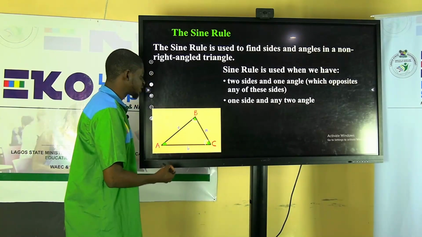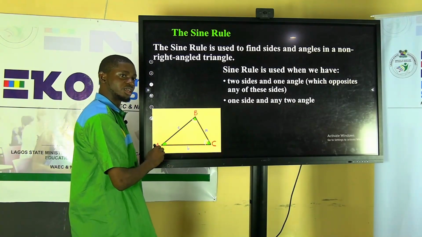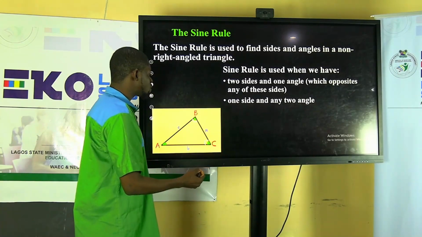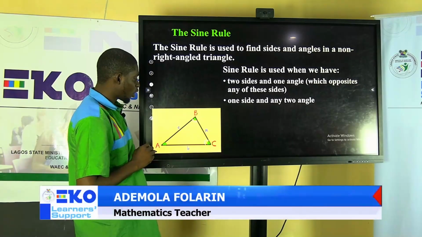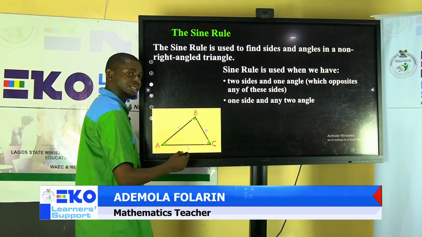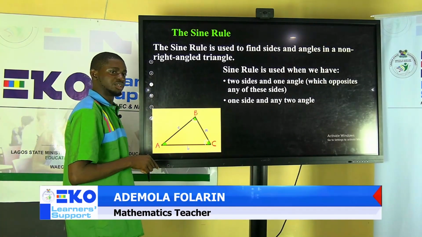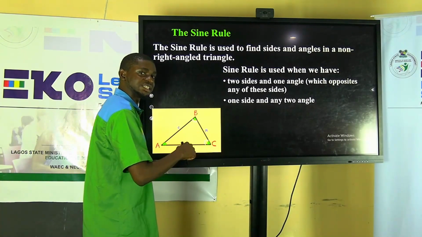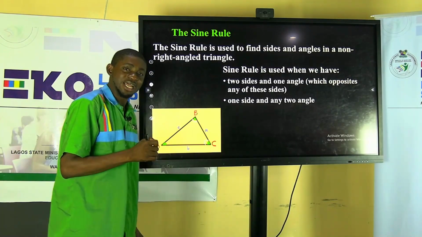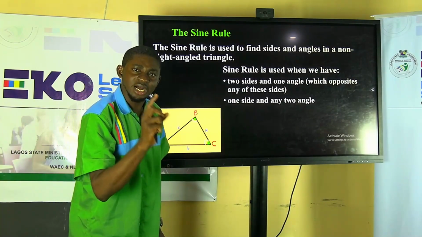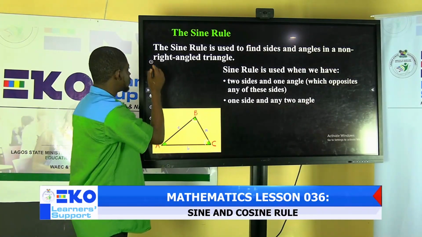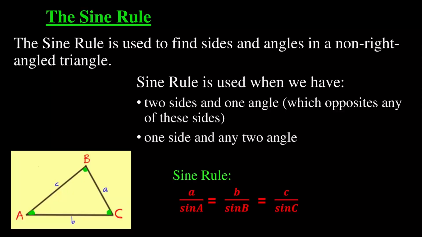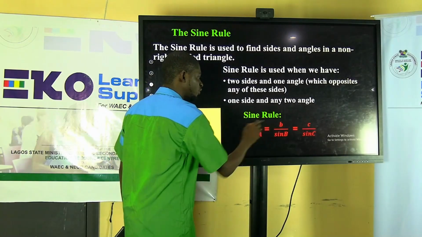That is the ratio of side A to sine of angle A equals the ratio of side B to sine of angle B, or the ratio of side B to sine of angle B is equal to the ratio of side C to sine of angle C. That is why we must have a complete family and one member of another family to successfully use sine rule.